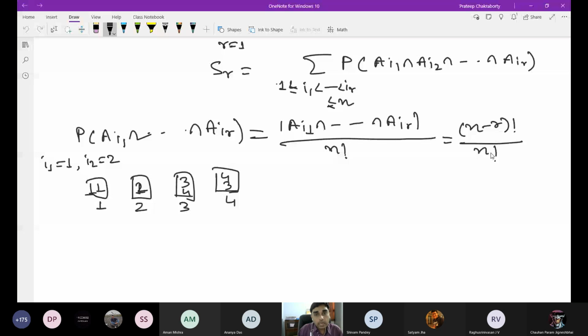Yes, sir. And how many elements would be like this? How many elements will be of this type, AI1 intersection AIR?